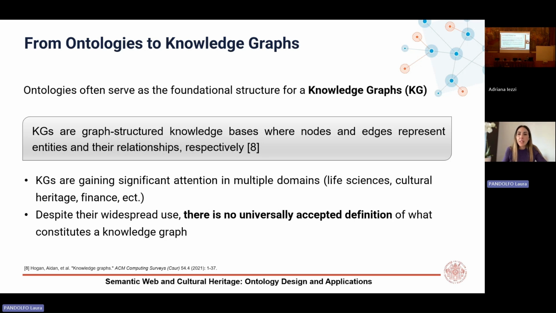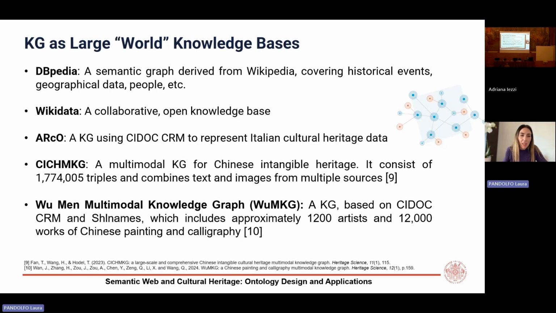It's important to note that there isn't a single, universally accepted definition of knowledge graph. One common definition is the following: a knowledge graph is a graph-structured knowledge base where nodes represent concepts and edges represent relationships.